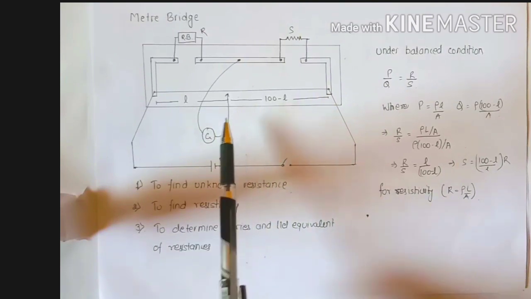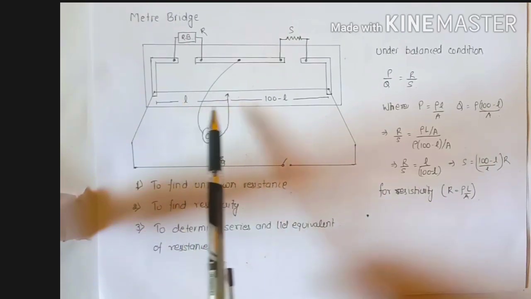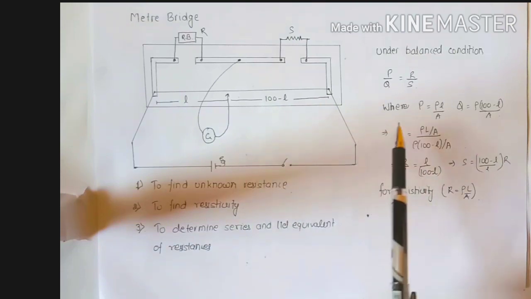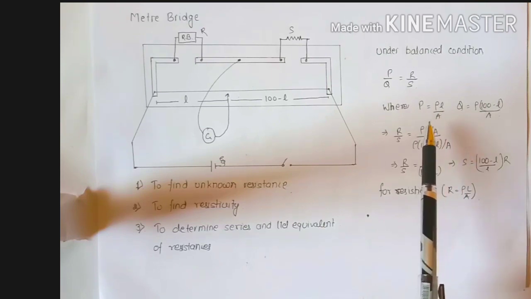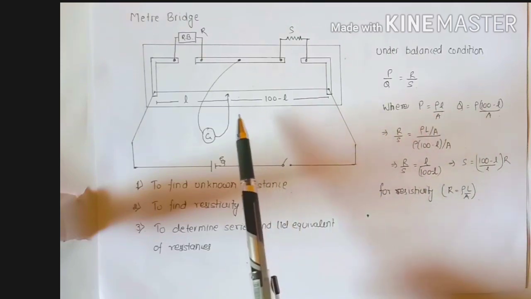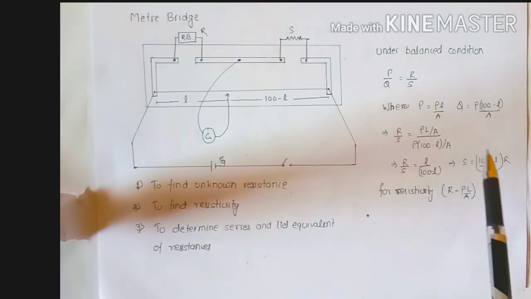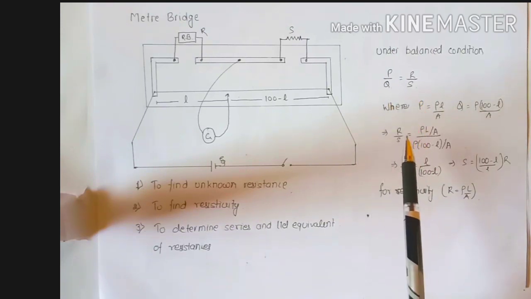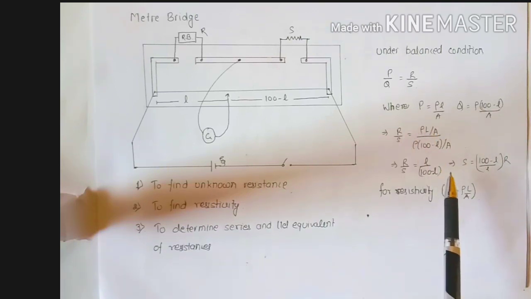So under balance condition, when no current is flowing through the galvanometer, L corresponds to resistance P and the rest of the length, 100 minus L, corresponds to resistance Q. As per the formula of resistance, we know resistance R is equal to rho L by A. So P is equal to rho into L by A, and Q is equal to rho into 100 minus L by A. So under balance condition, since we know P by Q is equal to R by S, if you substitute, R by S is equal to P by Q, what is left is L upon 100 minus L.